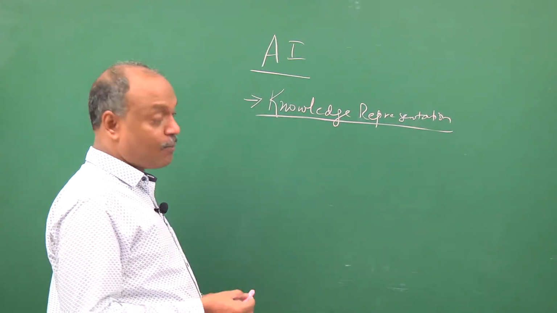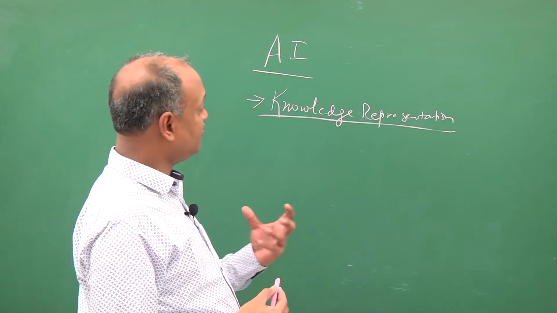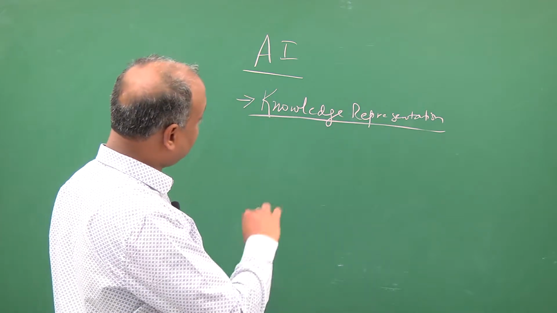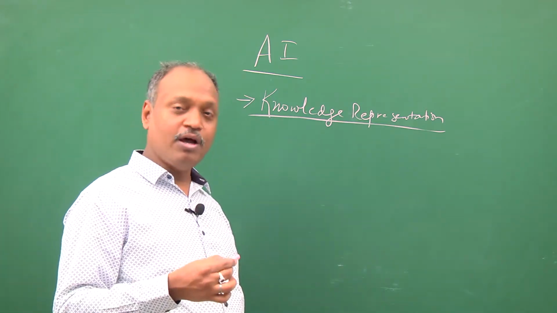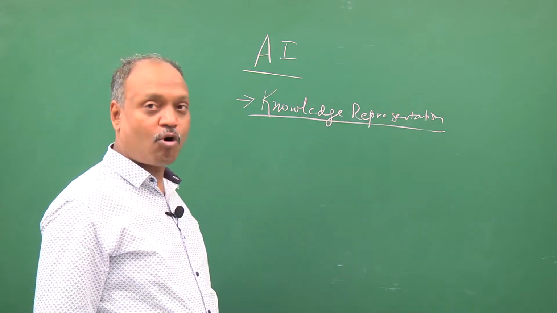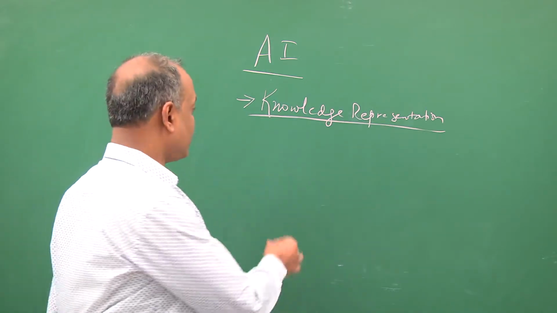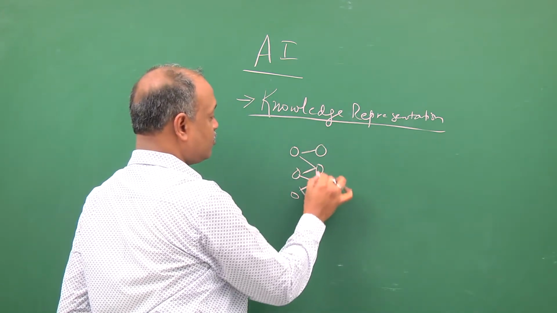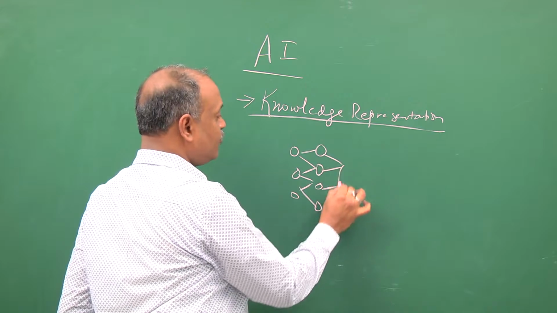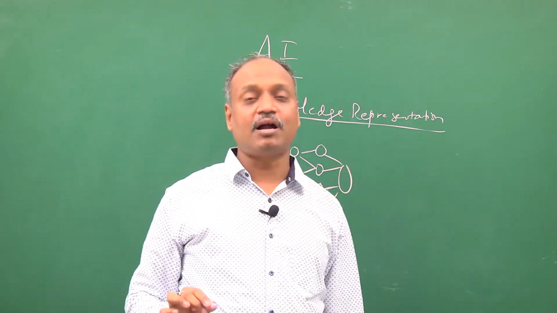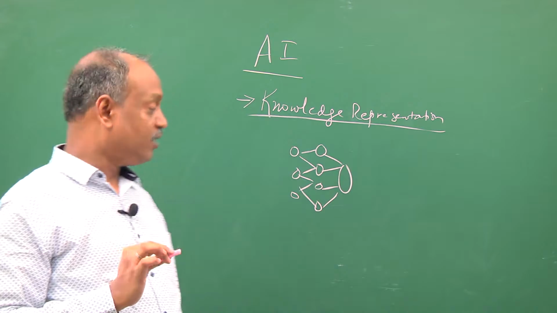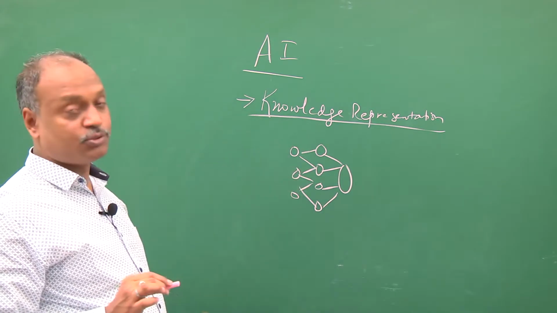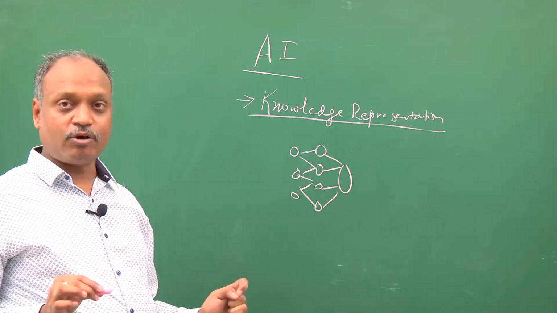Or it can have a more complex representation like a neural network, which is a multi-layer collection of neurons, where each neuron in turn is a multi-input, multi-output node, and a collection of all of these nodes connected via a network forms what is known as a neural network. All these varieties of neural networks are primarily the foundation of the modern concepts of deep learning. So deep learning is primarily based on this notion of neural network as the underlying knowledge representation.